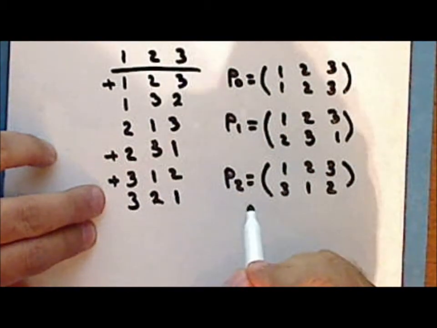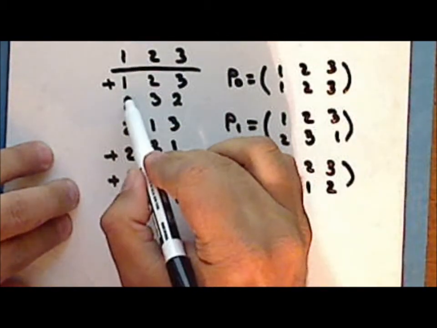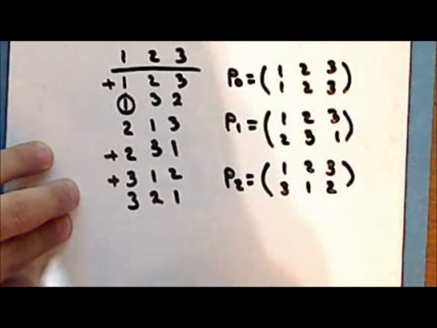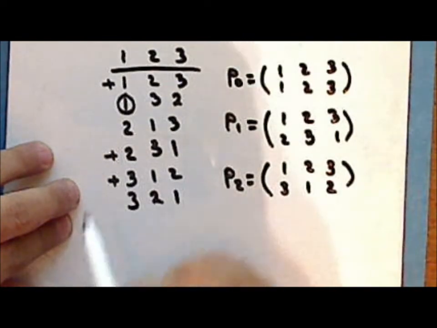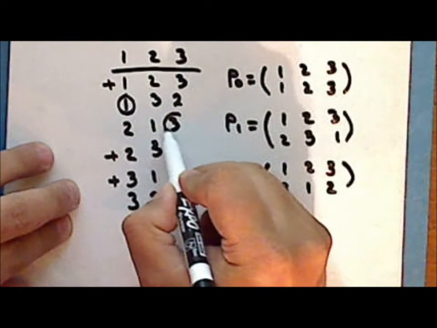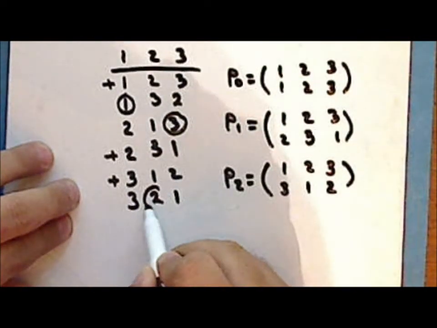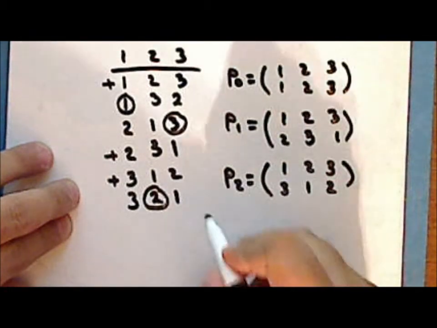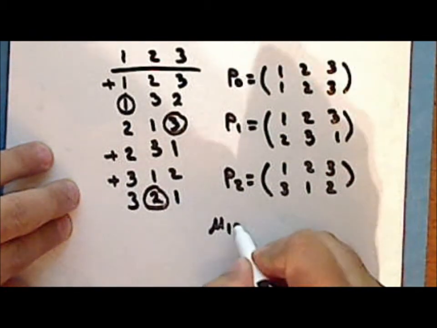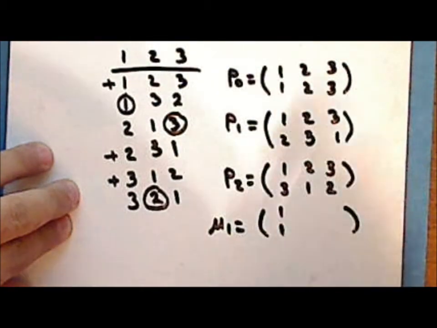Now let's look at the maps that leave an element fixed. For instance, in this map, the first element is fixed. In this map, the third element is fixed, and in this map, the second element is fixed. So let mu sub 1 be the map that fixes the first element.